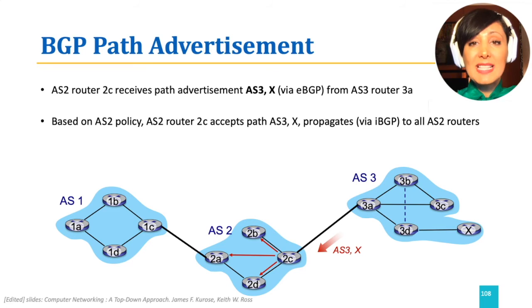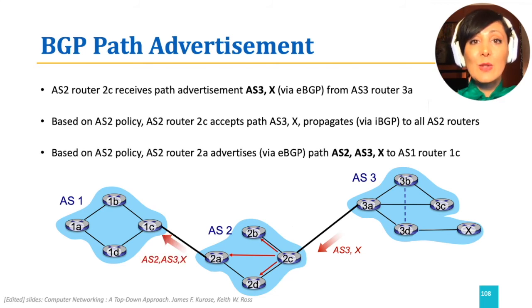Based on AS2 policy, AS2 router 2a advertises path AS2 AS3 X to AS1 router 1c using eBGP. Similarly, based on AS1 policy, AS1 router 1c could accept path AS2 AS3 X and propagate it to all AS1 routers using iBGP, at which point the whole network could have the information of who to reach X through using the vector they have been advertised.